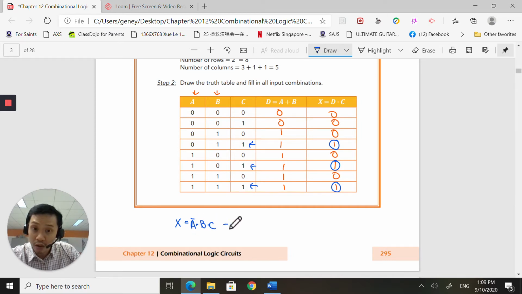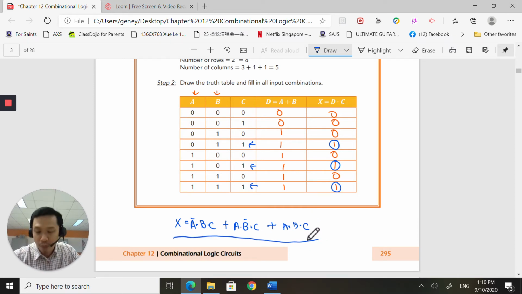Or A and B complement and C happens. Or there's another situation whereby X is true. Or, so this is the OR, A happens and B happens and C happens. Okay, so this is what you call SOP, sum of product expression.